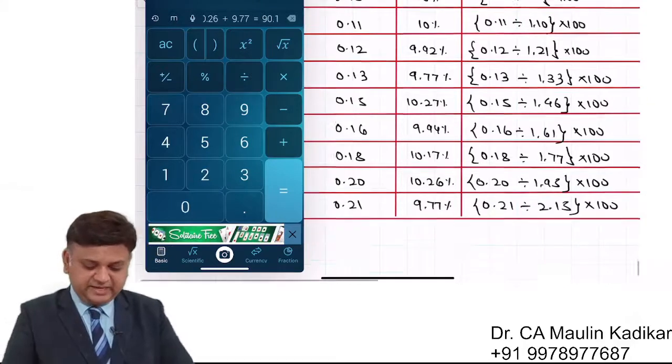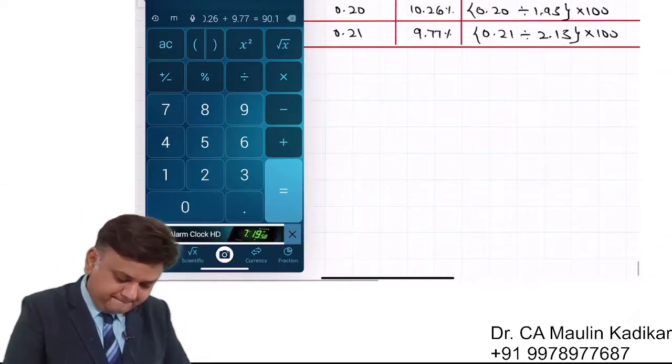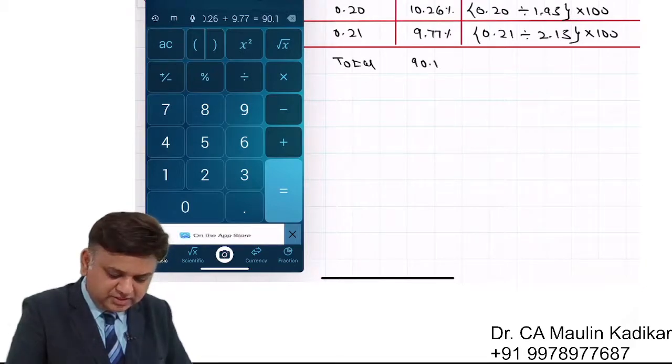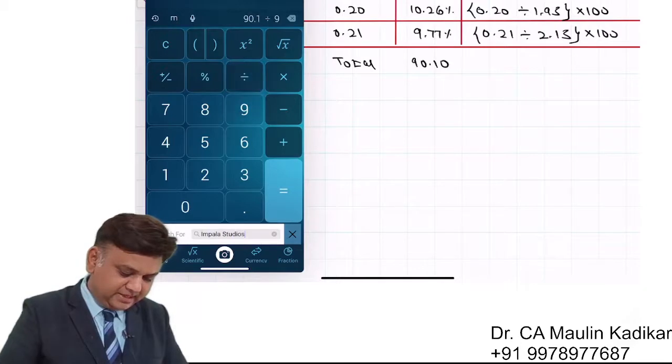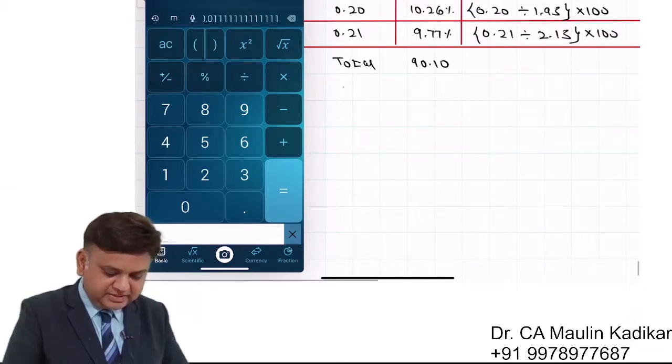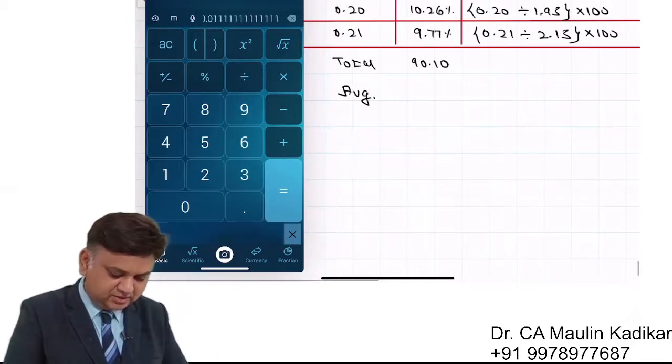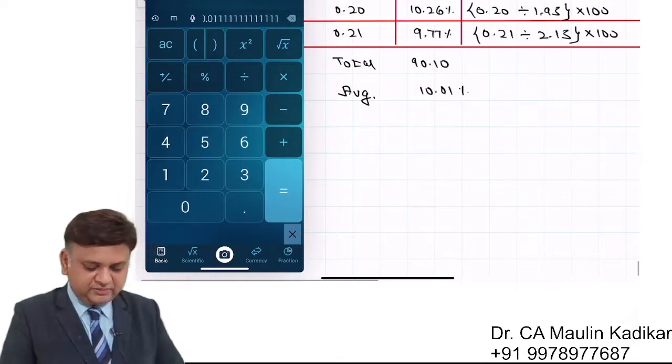That comes to 90.10. So the total is 90.10 divided by 9. So we understand the average is 10.01 percentage.